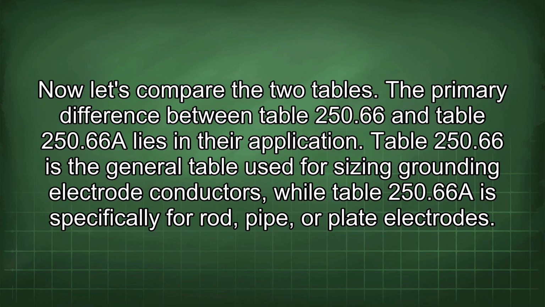Now let's compare the two tables. The primary difference between Table 250.66 and Table 250.66a lies in their application. Table 250.66 is the general table used for sizing grounding electrode conductors, while Table 250.66a is specifically for rod, pipe, or plate electrodes.